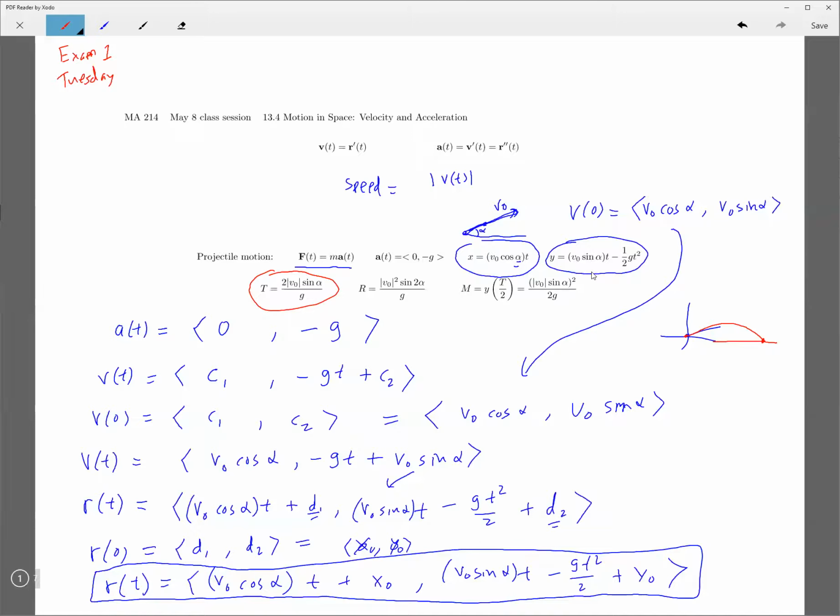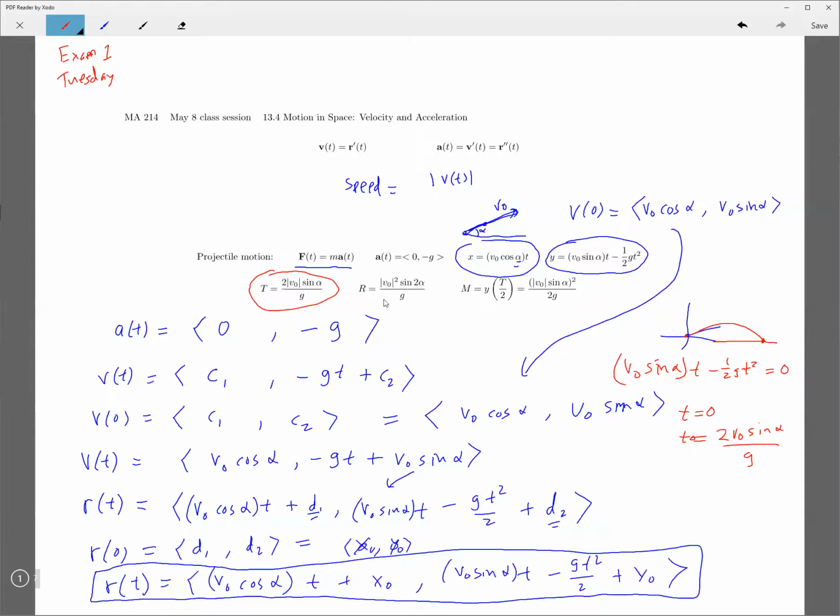So for the time, you take this right here and set that equal to 0. When you solve that, you're going to get 0, and you're also going to get that. So that's how long it's going to take.